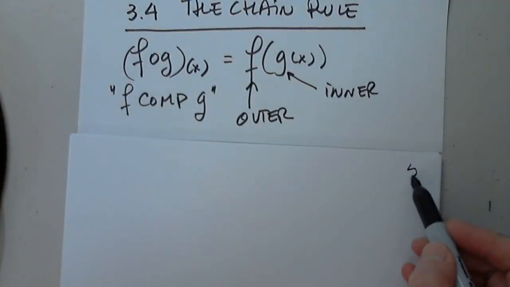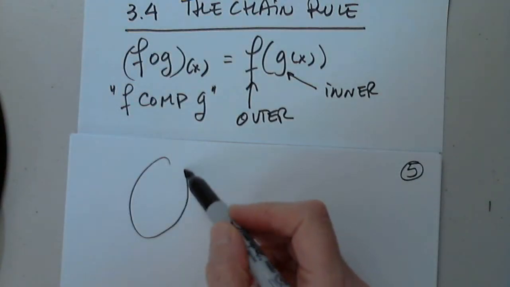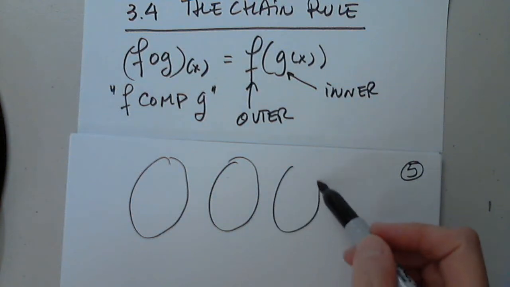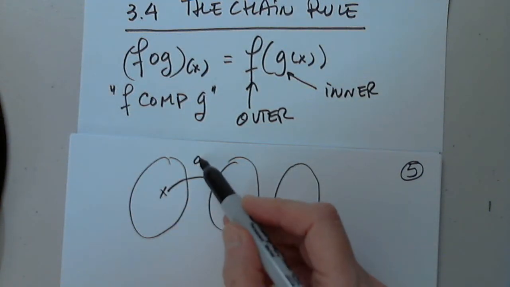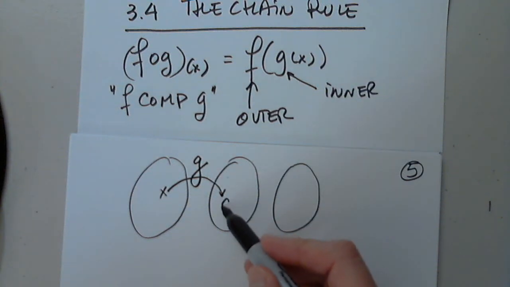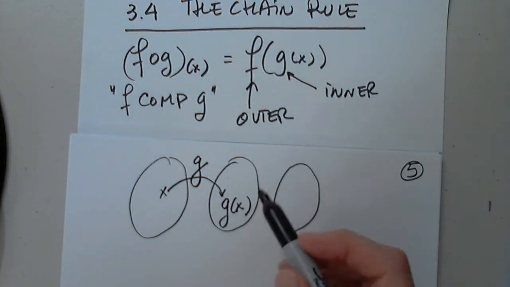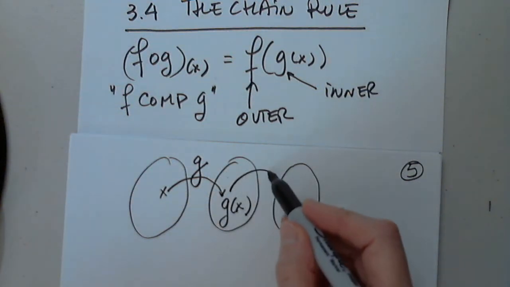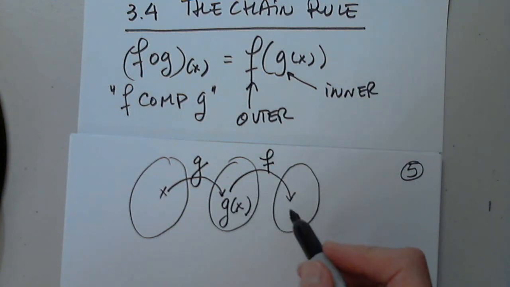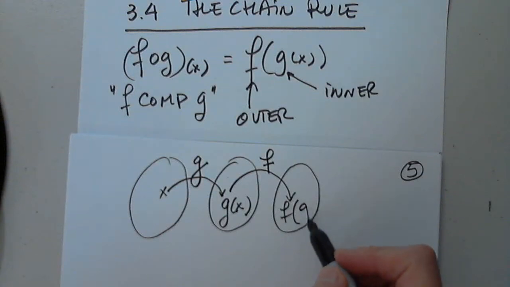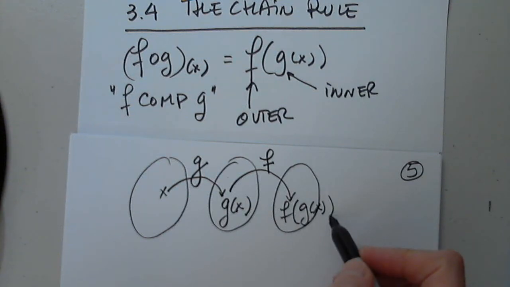This is something totally different. It deals with something like this: I have x, I apply function g to it to get g of x, which is a number, and I continue applying another function to this number to get f of g of x.